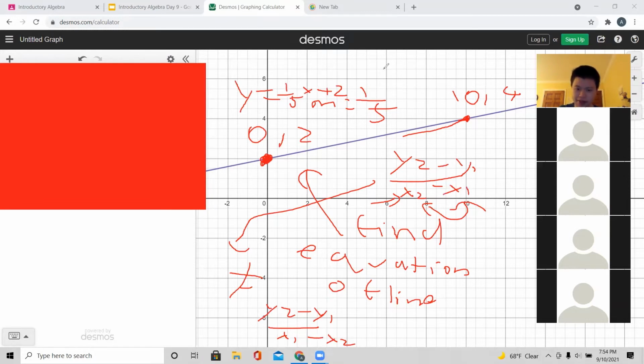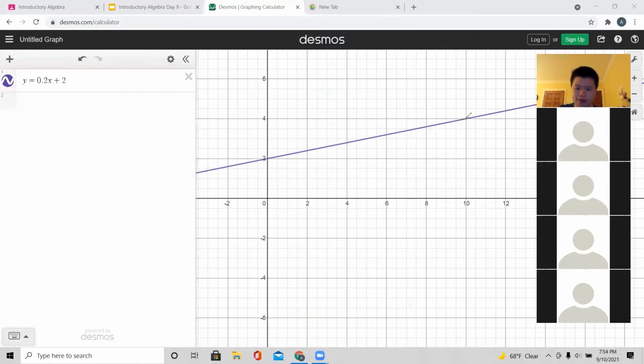Another thing we could do is, after finding this point and the slope, so it's 1/5 through 10/4, and that's if we pretended this wasn't very easy to write.